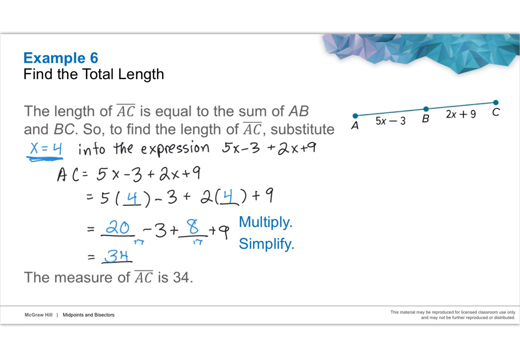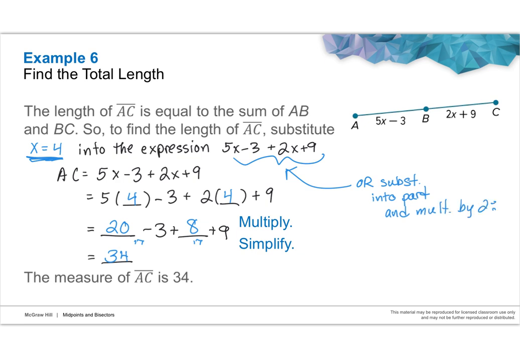And just to note here, another way to go about this is, instead of putting it into the expression for the full length of the segment, since you know it's the midpoint, you could substitute that x equals 4 into just one half of the segment and then just multiply it by 2.